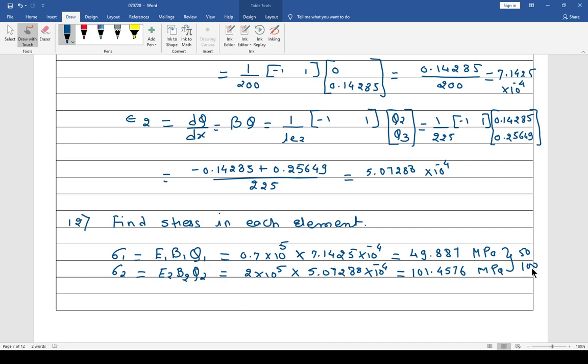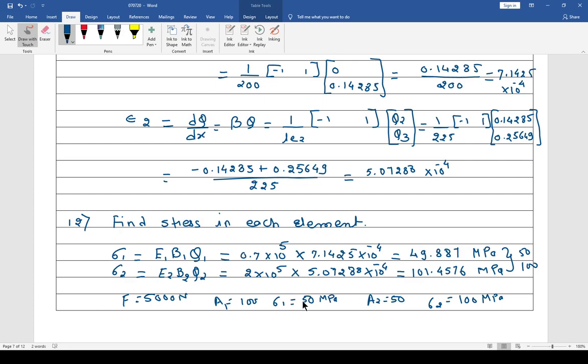You could easily verify this, because I am applying a force of 5000 Newton. First area is 100 mm square, so sigma 1 ideally should come to 50 MPa, and area 2 is 50 mm square, so sigma 2 ideally should come to 100 MPa. So that's logical. That is how you can solve your problem.